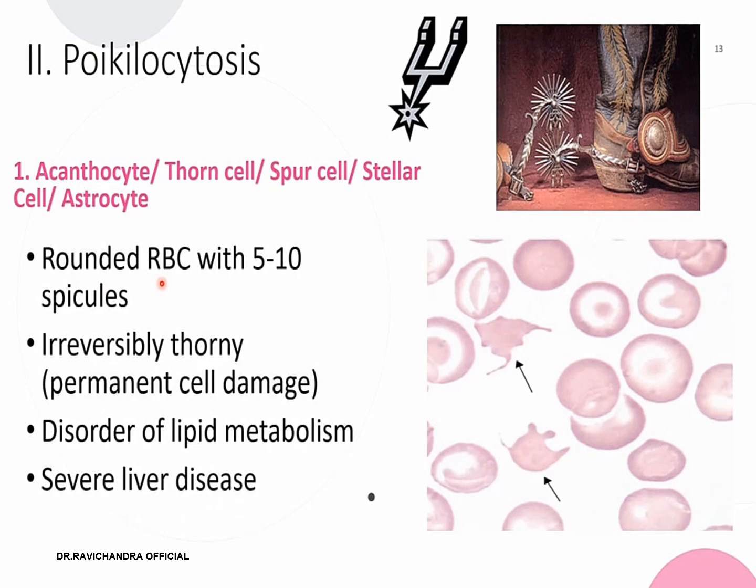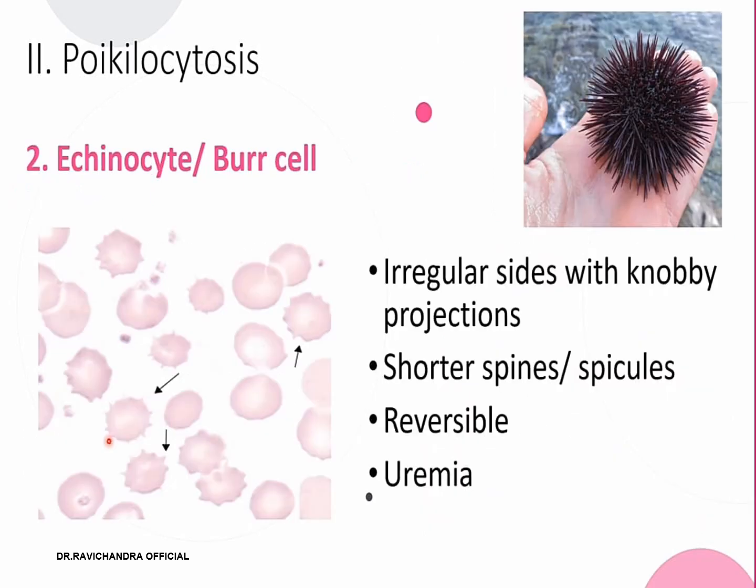Acanthocyte or thorn cell or spur cell or stellate cell. They are rounded RBCs with 5 to 10 spicules, and there will be an irreversibly thorny appearance because of the permanent cell damage. And these are seen in lipid metabolic disorders and severe liver disease. Next is echinocyte, also called a burr cell.